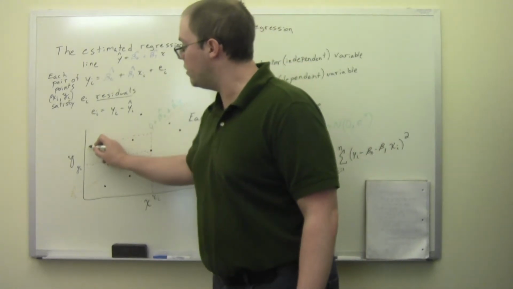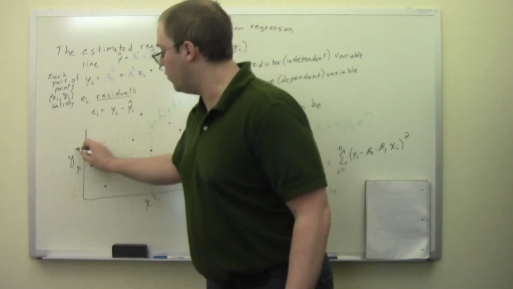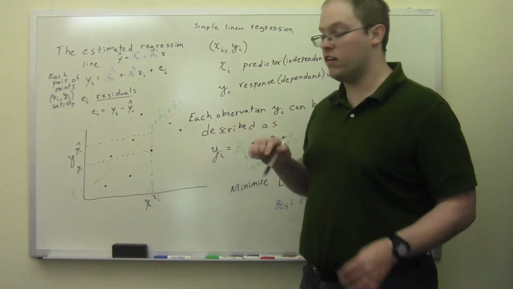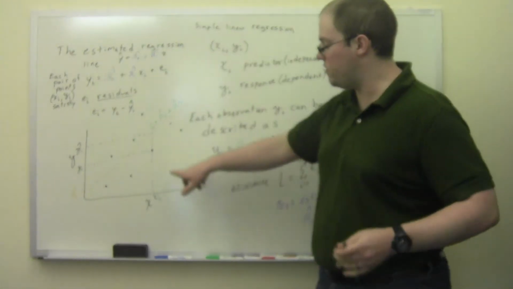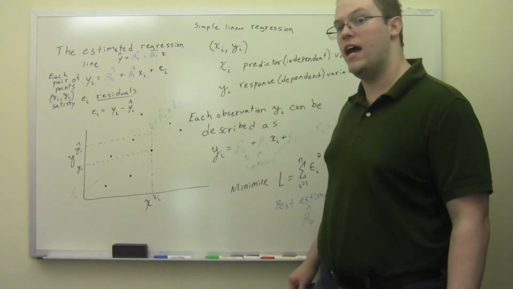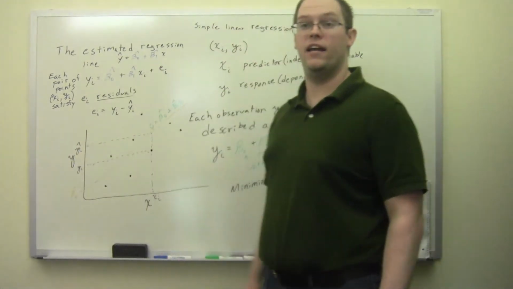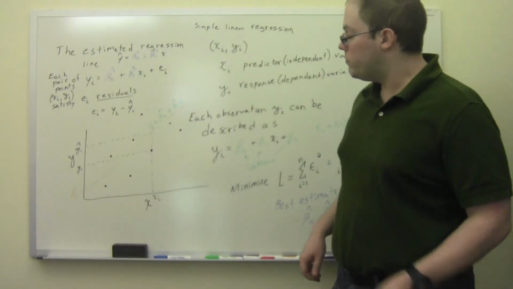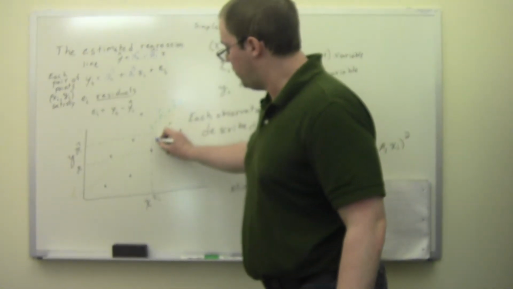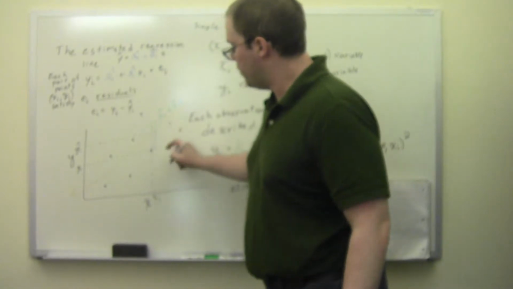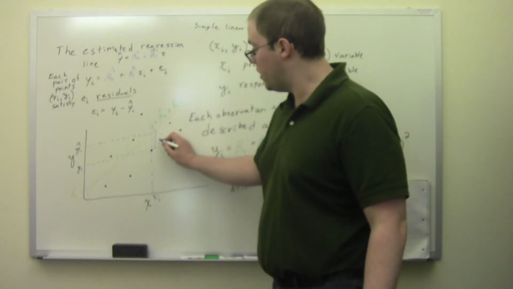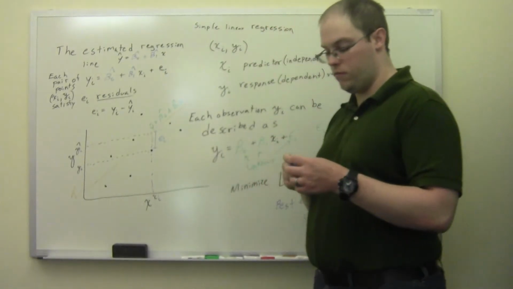It's exactly the y value at this x point. In other words, take this x point, and what was the value of the line for that x? That's my yi hat. Now this difference right here, between what I predicted and what I observed, is my ith residual.